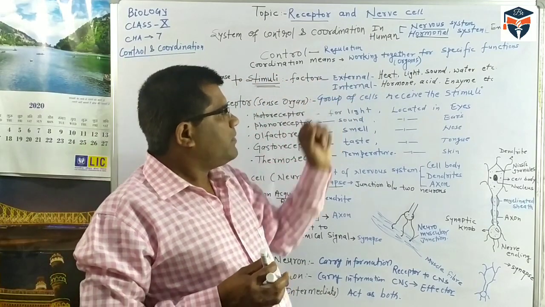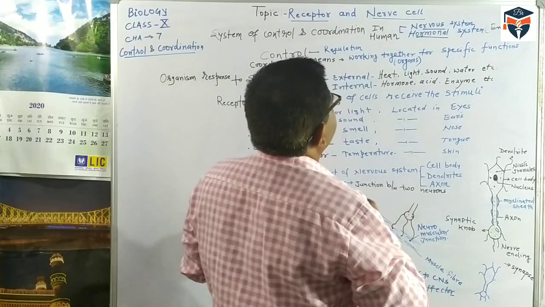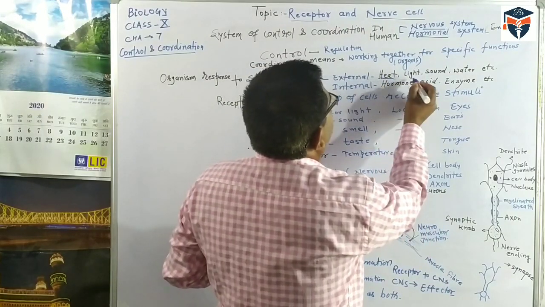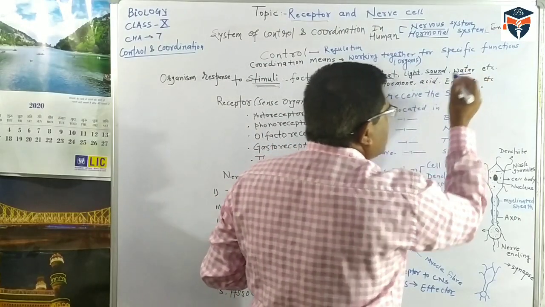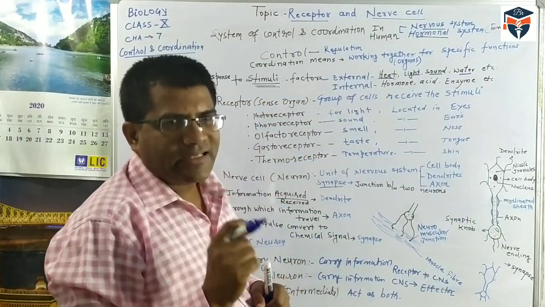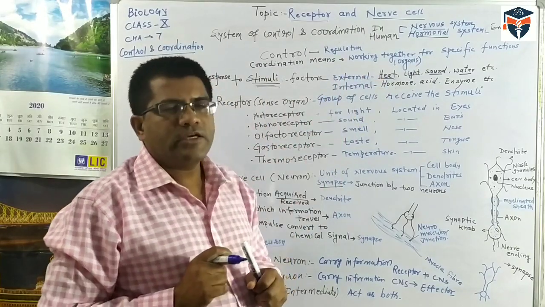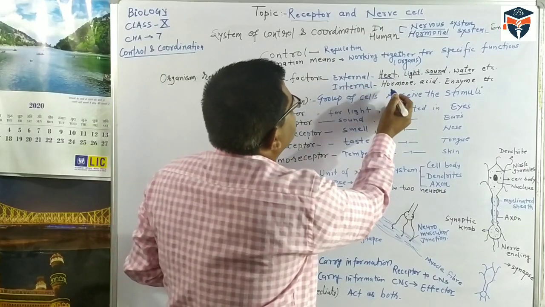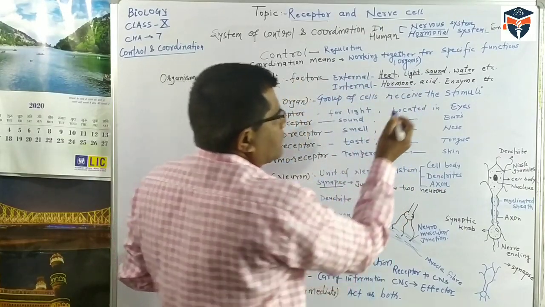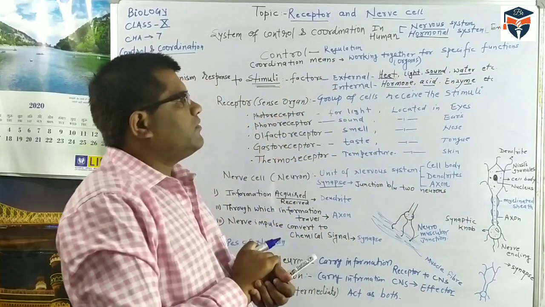External stimuli may be heat, light, sound, water, gravity, etc. Organisms respond to these external stimuli. Whereas internal stimuli are hormones, some acids and enzymes which are secreted in our body.